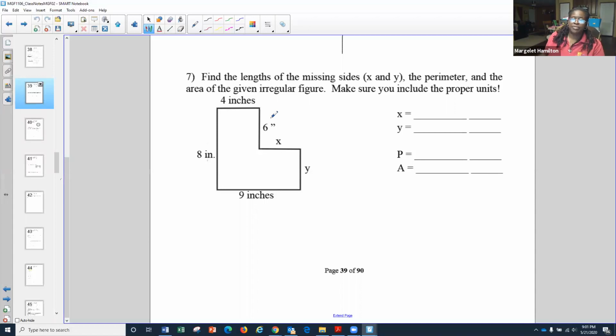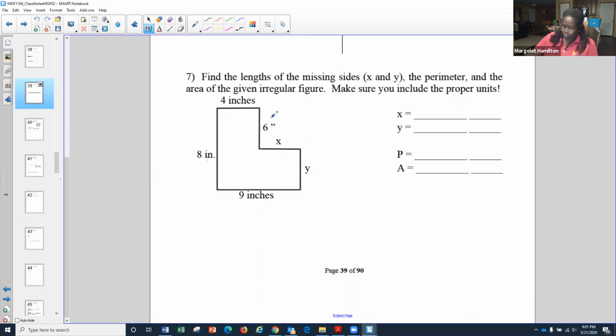So they gave us 3 representations of the word inches, but they're all in inches. Remember, if they give you inches and feet, or inches and miles, you know you have to do some conversions to get everything in the same units. But here, we're okay.